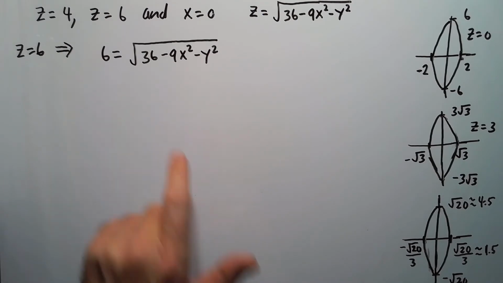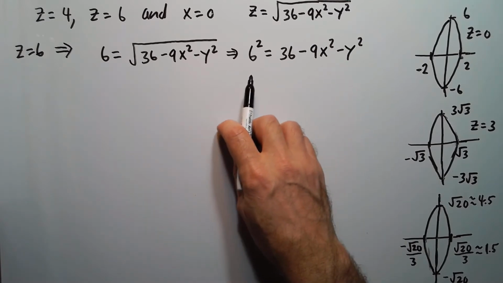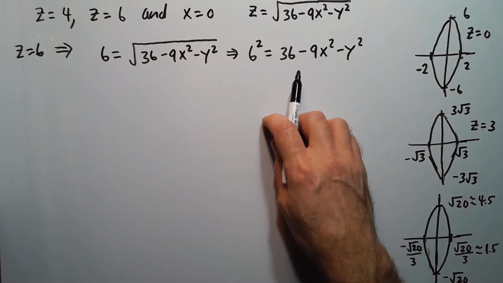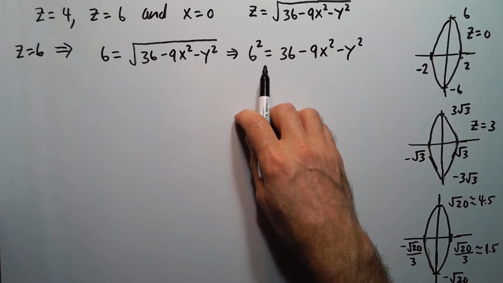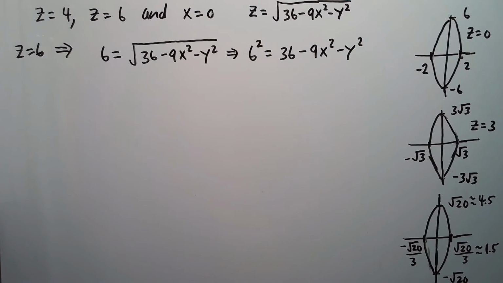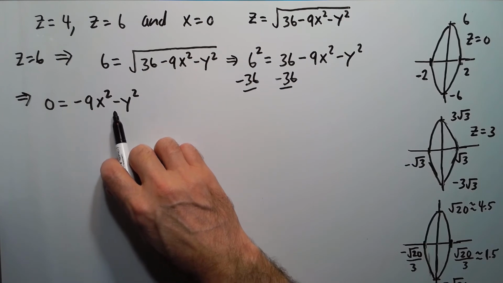So let's square both sides. So squaring both sides, we get this. And then subtracting 36 on both sides. Well, 6 squared is 36 also, so when you subtract 36 on both sides, this will become 0. So let me do it.